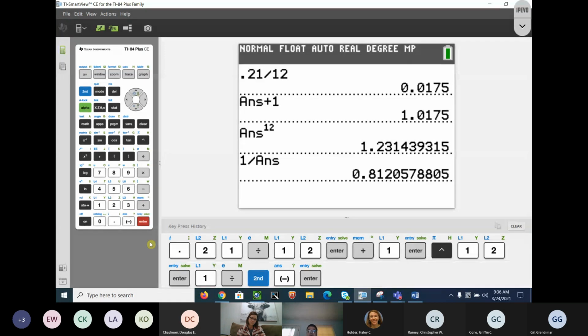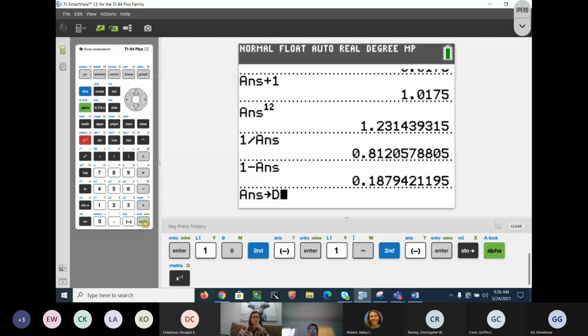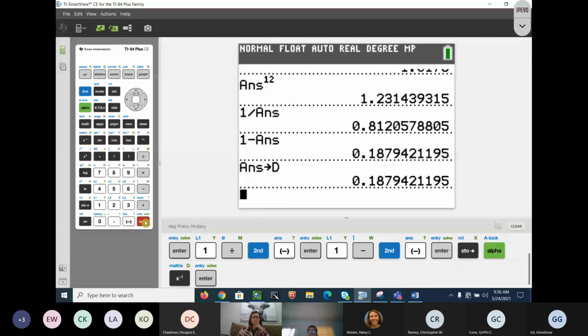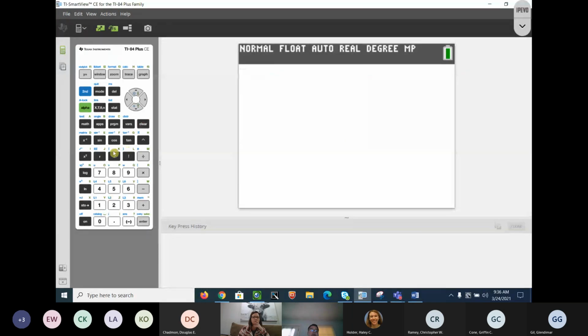And now I'm going to subtract that from 1. I got 0.1879. So I'm going to stow alpha D. And now I'm going to take clear and clear, and now alpha N divided by alpha D.